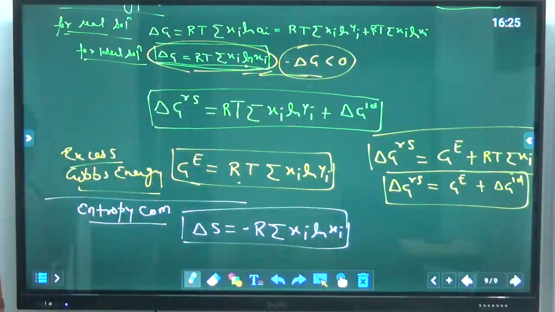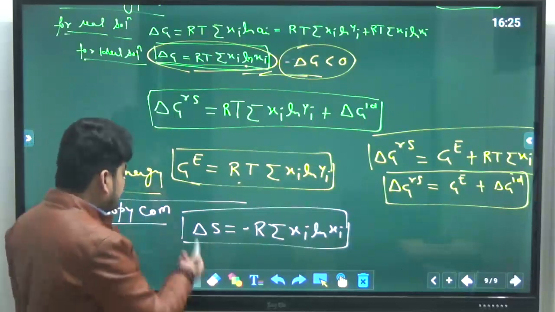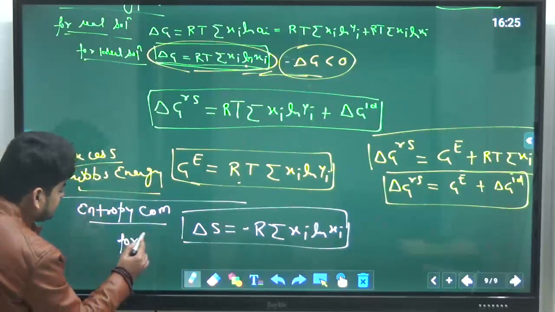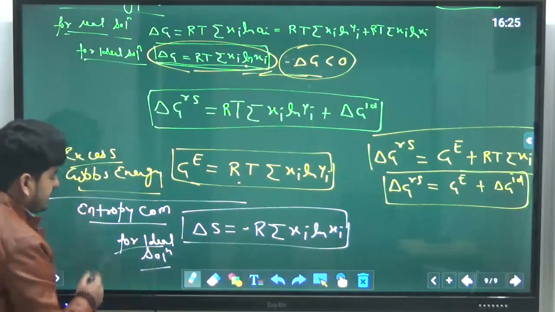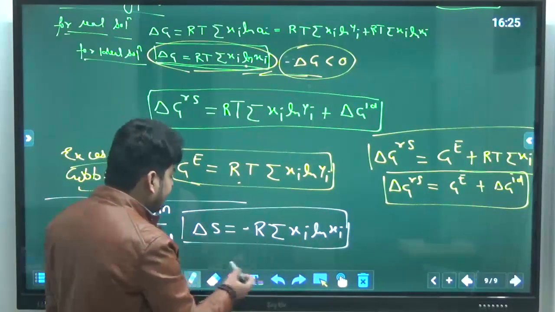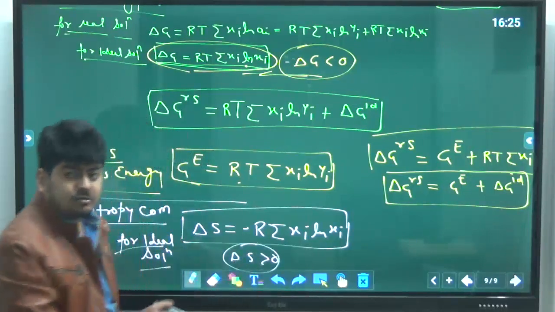So when you add two or more components, how their entropy is going to change in the mixture, that you can calculate by using this expression for ideal solution. This is for ideal solution. Okay, and as you can see, ln Xi has to be negative, negative will become positive, so delta S has to be positive.